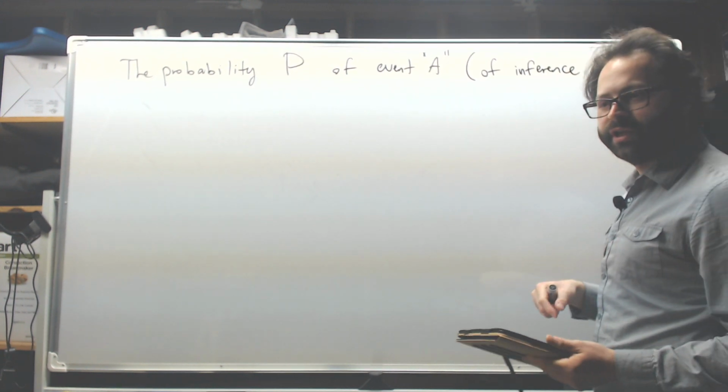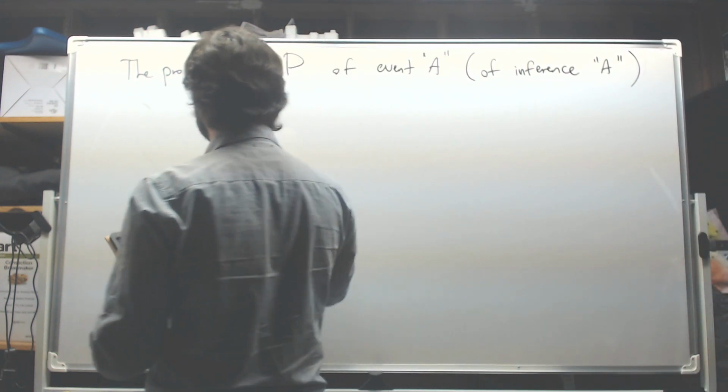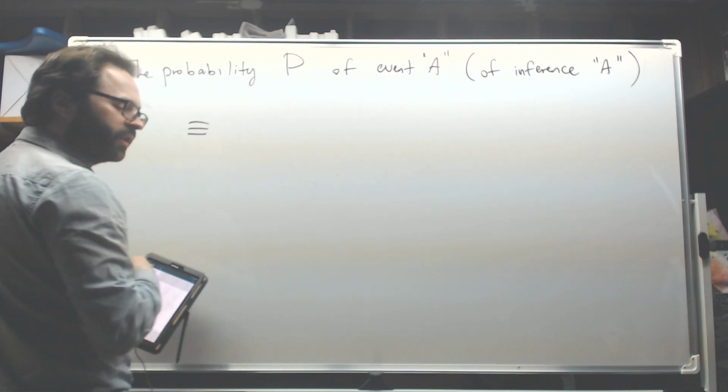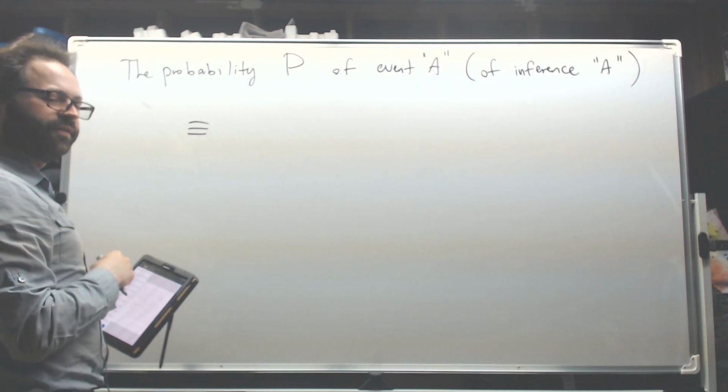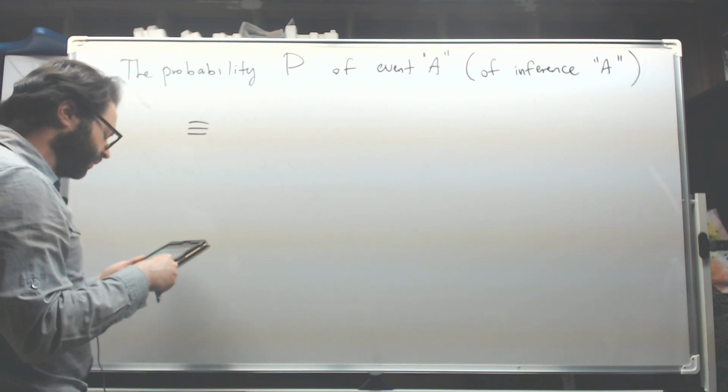For example, that I obtain a head after a single coin toss. We're going to define this. The triple equality sign is going to mean defined as. So not just equals, but stronger. This is the definition of this quantity.